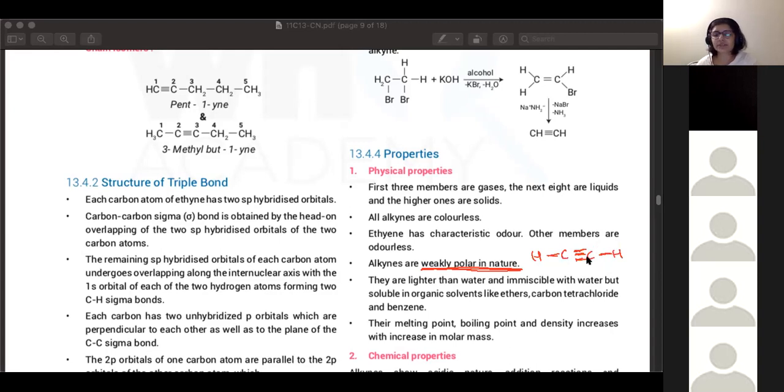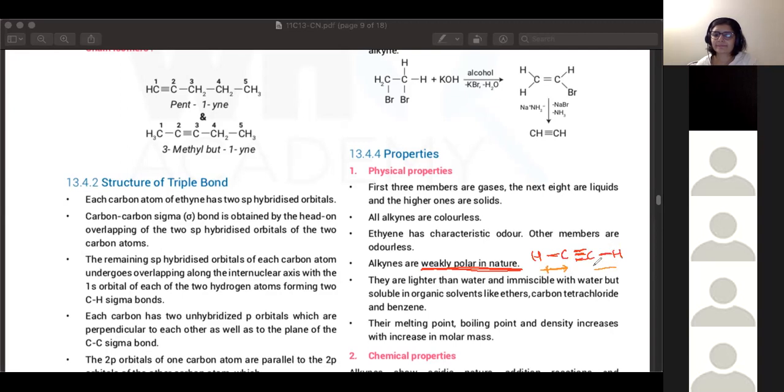Is the carbon-carbon bond polar? No. Carbon-hydrogen? Yes, the carbon-hydrogen bond is polar. There are 2 carbon-hydrogen bonds. Which direction would the first one be in? The dipole moment is towards carbon. And this one?